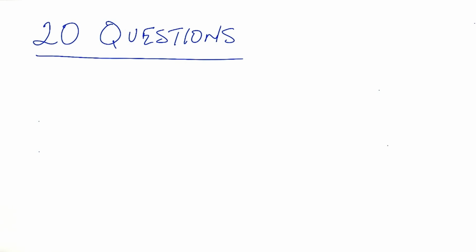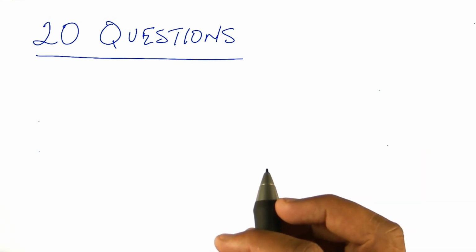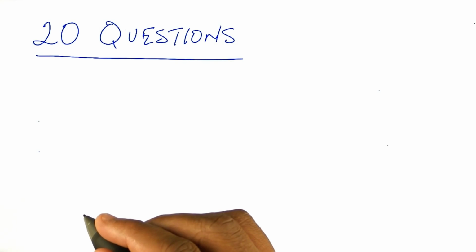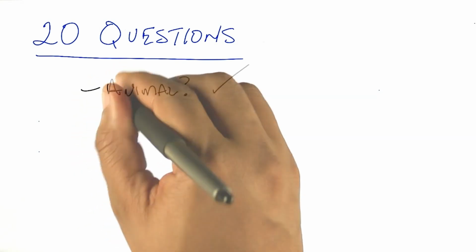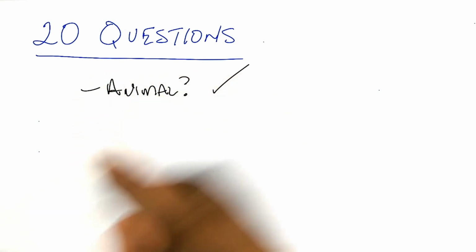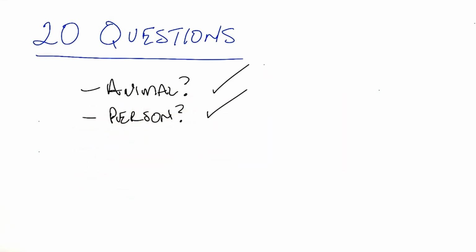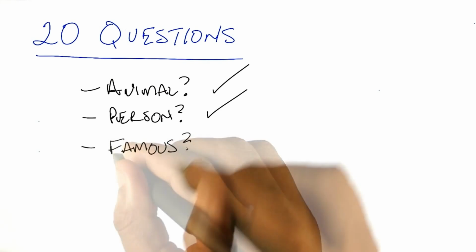First question, the typical first question, is it animal, vegetable, or mineral? But that doesn't seem like a yes/no question. So is it an animal or like a living creature? The answer is yes. All right. Is it a person? The answer is yes. Is it a famous person?